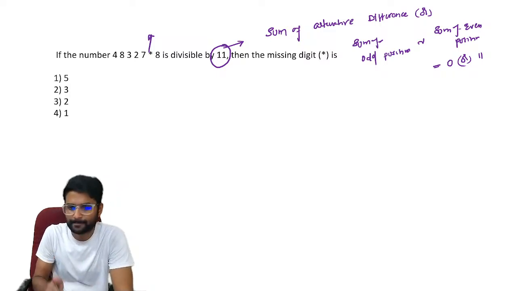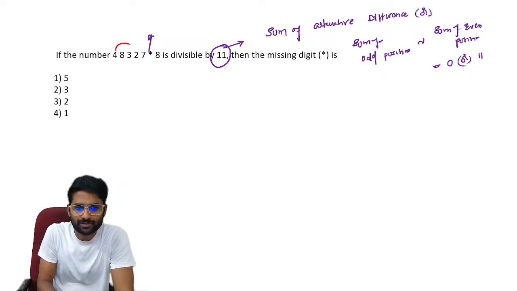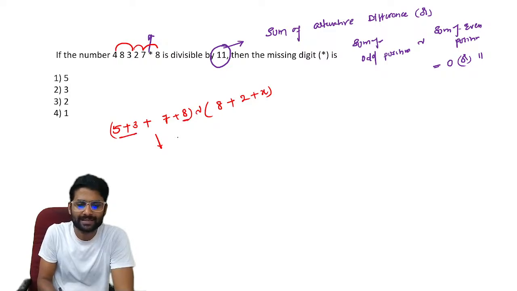Let's take the positions here: 5, 3, 7, 8. 5 plus 3 plus 7 plus 8. Next here, 8 plus 2 plus x, and we are going to find the difference. If you go through the sum, 5 plus 3 is 8, 8 plus 8 is 16, 16 plus 7 is 23, minus 10, minus x.